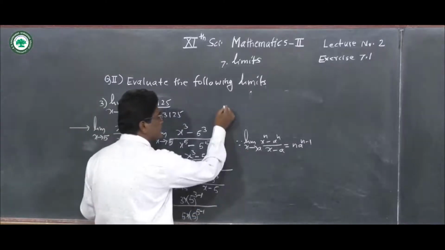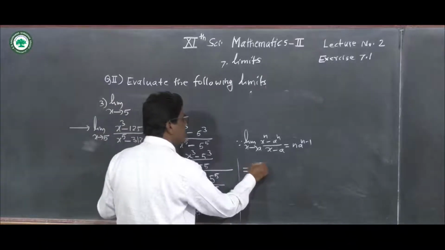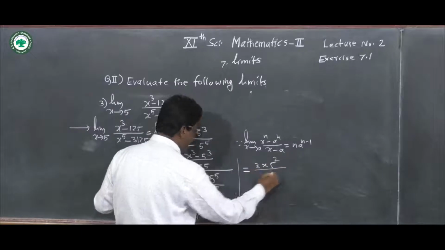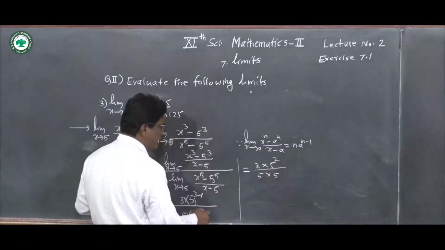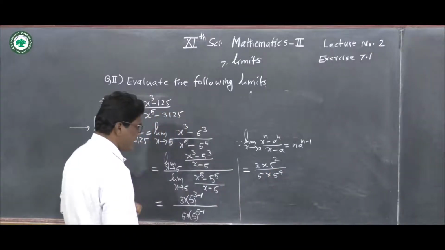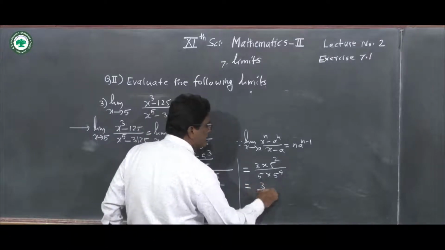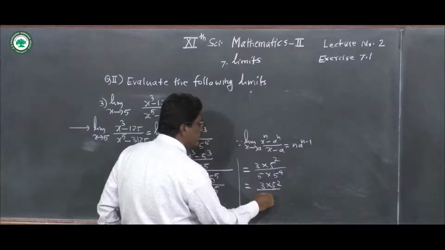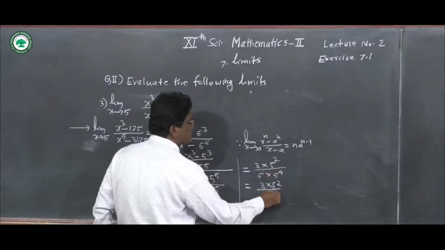Using this formula, we get 3 into 5 to the power 3 minus 1, which is 2, divided by 5 into 5 to the power 5 minus 1, which is 4. Now we get 3 into 5 to the power 2 divided by 5 into 5 to the power 4. The powers 1 and 4 add up to 5.